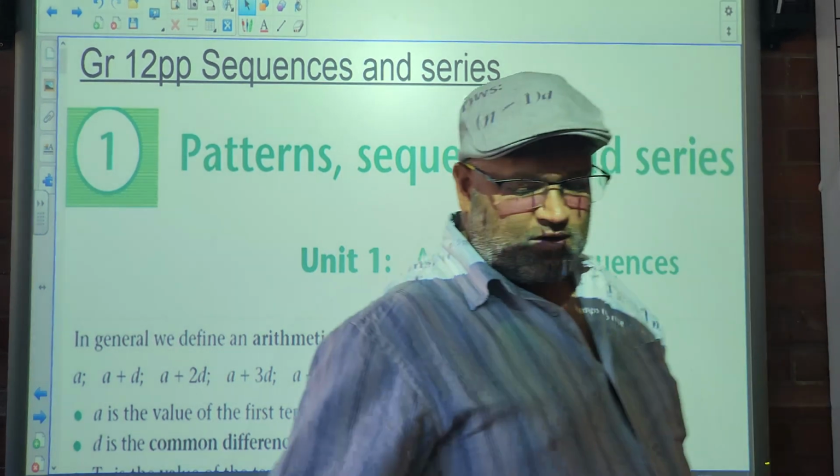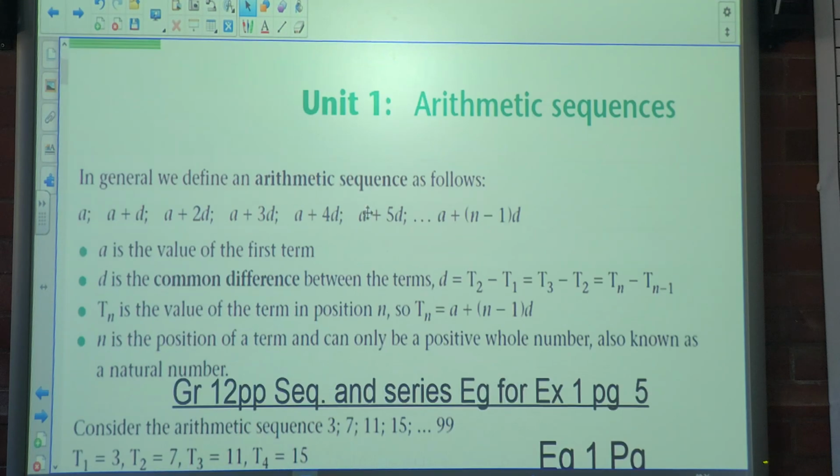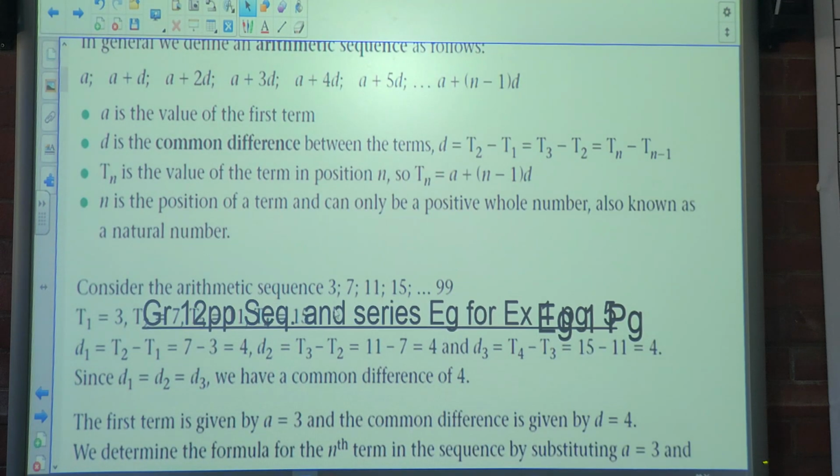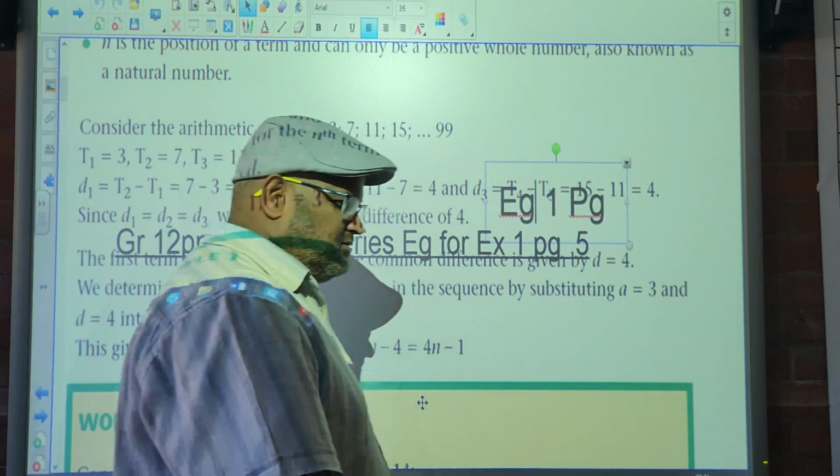So at this point we spoke about the sequence and series and recapped on what we have done last year. So all of those things remain the same.